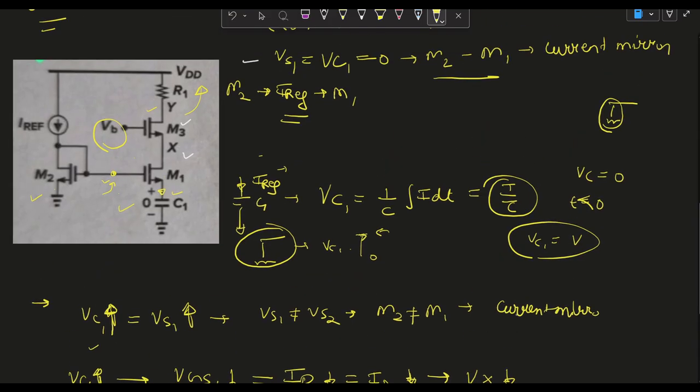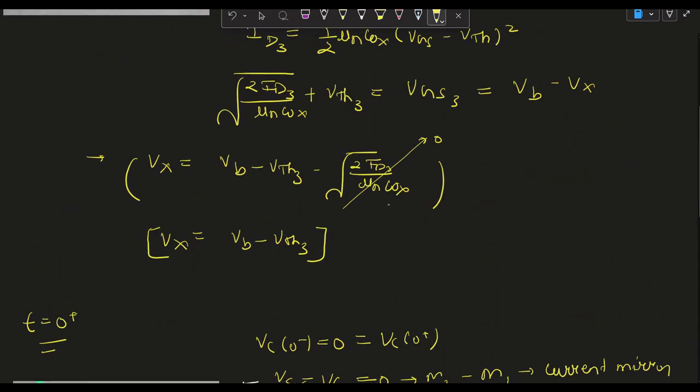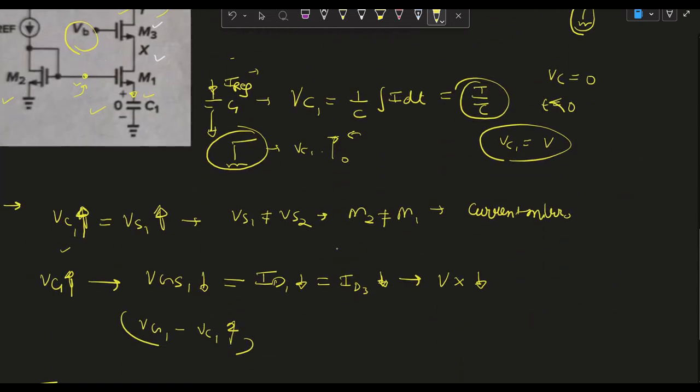Our Vx depends on ID3, and for time t greater than 0, we can say that ID3 decreases, as we proved in this statement: as VC1 increases, VGS1 decreases, and ID1 decreases, so ID3 is also decreasing.